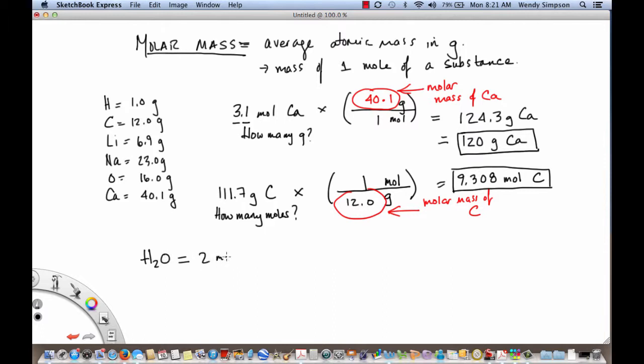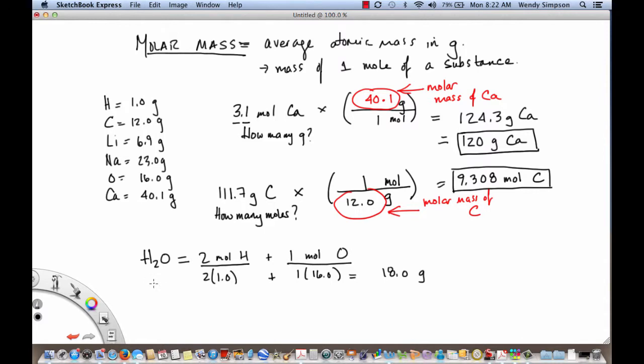So this is 2 moles of hydrogen plus 1 mole of oxygen. Okay, 2 moles of hydrogen is going to equal 2 times the molar mass of hydrogen, which is 1. And 1 mole of oxygen is 1 times the molar mass of oxygen, which is 16. So we end up with 2 plus 16, which is 18 grams.